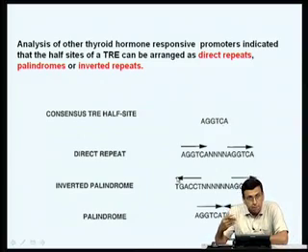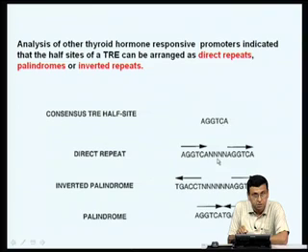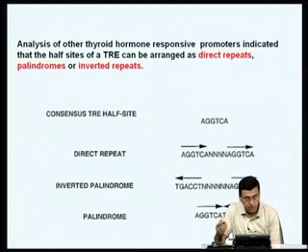By analyzing a number of other thyroid hormone responsive promoters, people came to realize that the half site can be present not only as a direct repeat separated by a 4 base pair spacer or DR4; in some of the promoters the same half site can also be provided as inverted palindromes or palindromic sequences, and such variants of these elements can also function as thyroid hormone response elements.